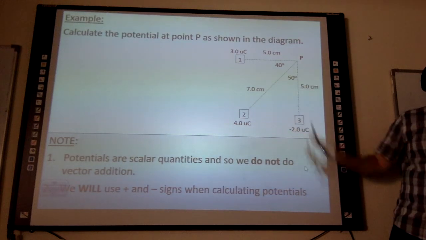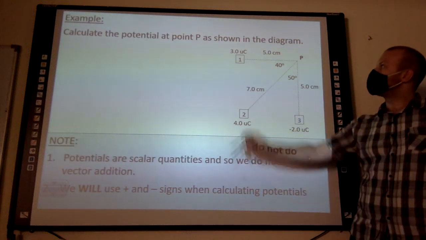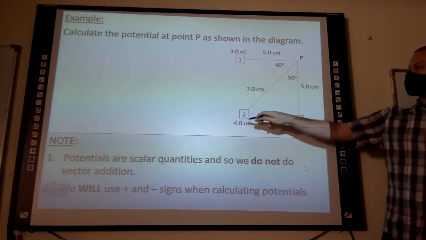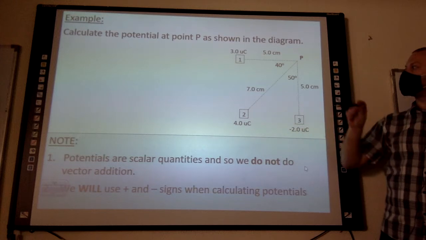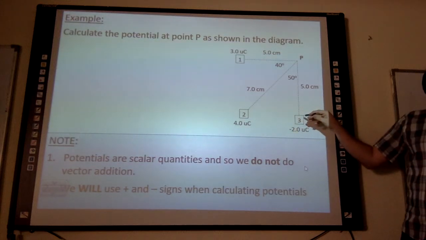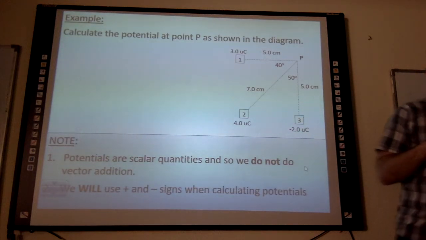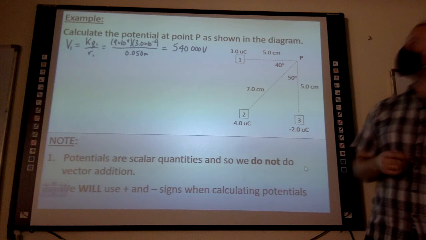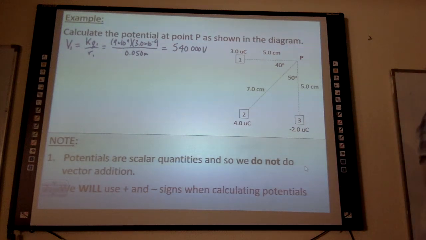To solve something like this, it's really straightforward. Figure out the potential due to charge 1 at point P. Figure out the potential from the second charge. Figure out the potential from the third. Add them all up. So we have our equation for potential. It's kQ over r, where r is the distance between them.